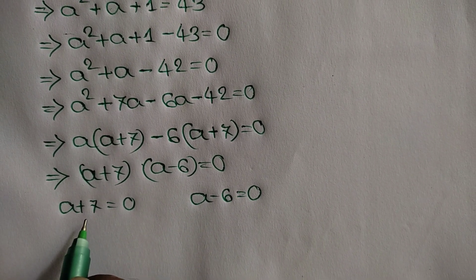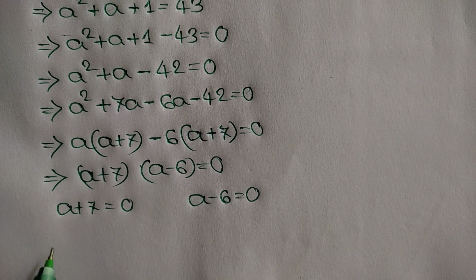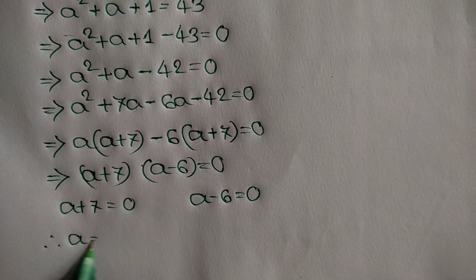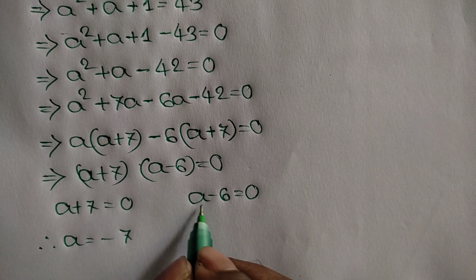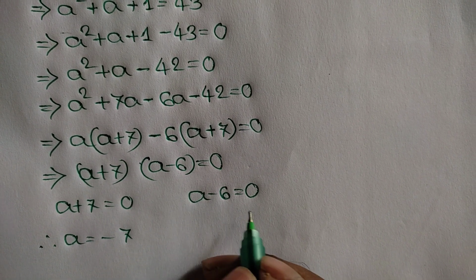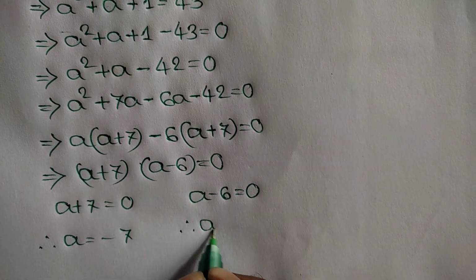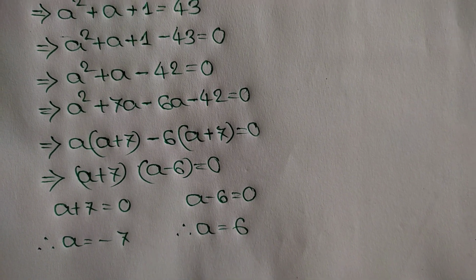Now taking this 7 to the right side, we will get the value of a is equal to negative 7, and taking this negative 6 to the right side, we will get a is equal to 6.